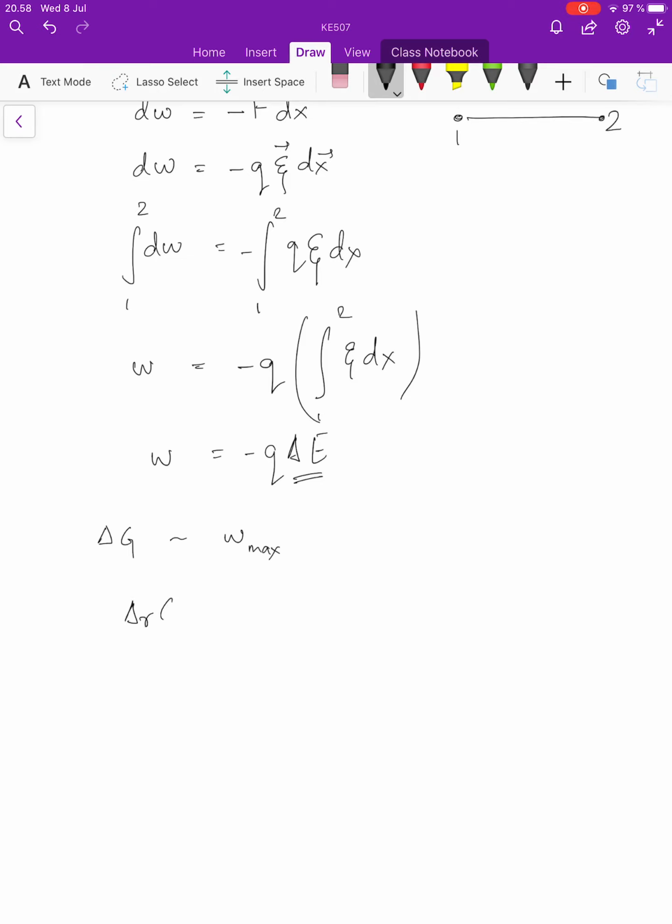In this case, this is equal to the reaction Gibbs free energy, and if this is occurring under standard conditions, then this is equal to q multiplied by delta E. Note that in this case, the process is usually adiabatic because electrons move very fast, so there is little time for heat exchange. This is also equal to the change in internal energy of the charge.